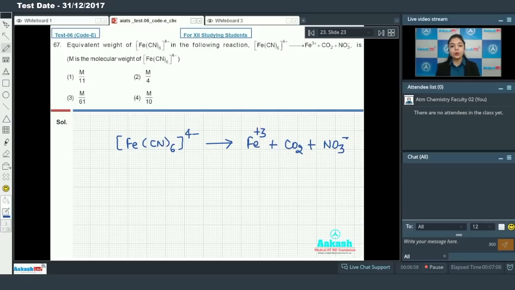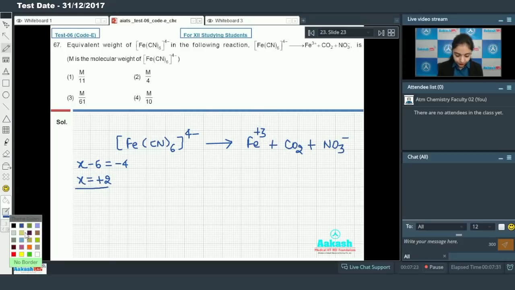Before finding the equivalent weight of this reaction, we have to find out the N factor. So first of all, calculate the oxidation state of each atom involved in the reaction. If we look at the first compound, which is the complex, suppose the oxidation state of iron is X. So X minus 6 is equal to minus 4. So what will the oxidation state of iron be? Plus 2.